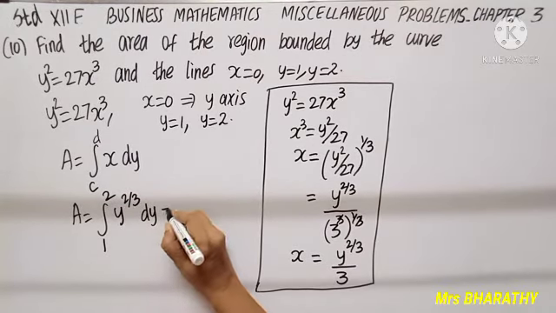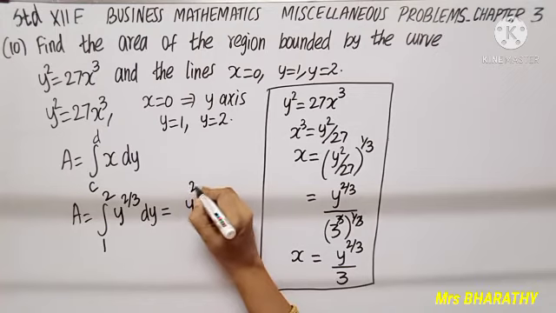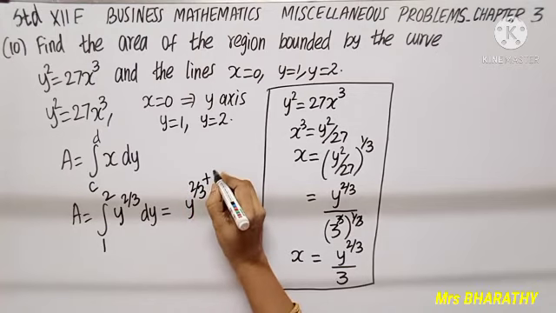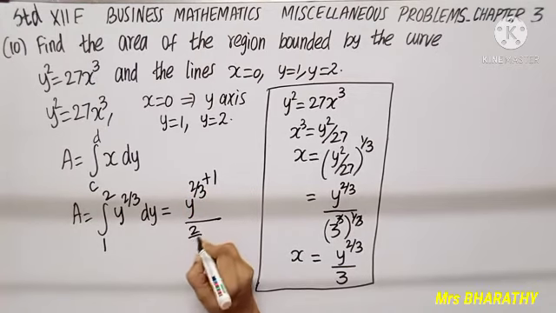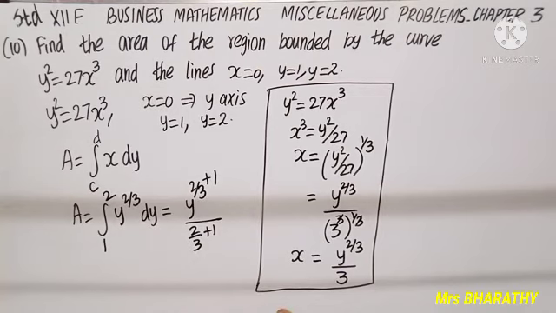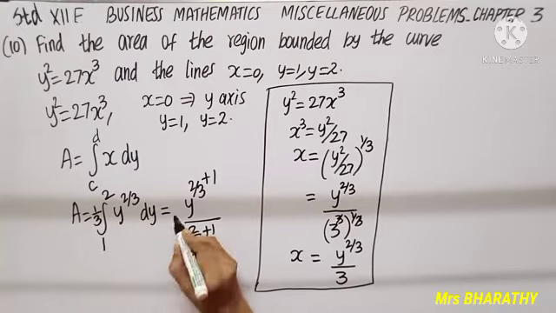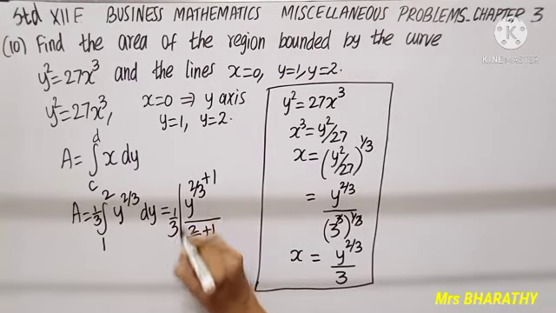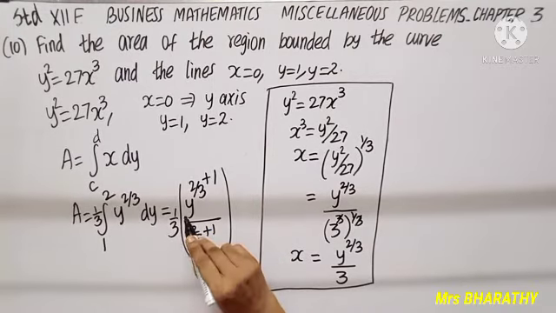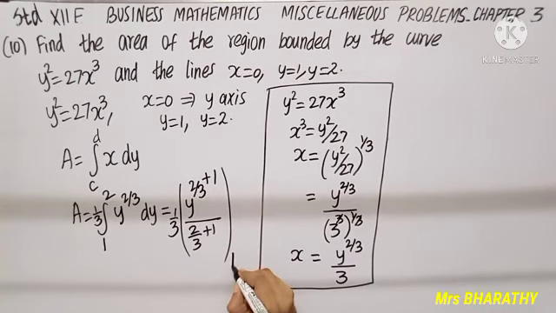As we remember the integral formula, y power 2 by 3 plus 1 divided by 2 by 3 plus 1. The denominator I can very well keep out. So it is 1 by 3 into y power 2 by 3 plus 1 by 2 by 3 plus 1 between the limits 1 and 2.